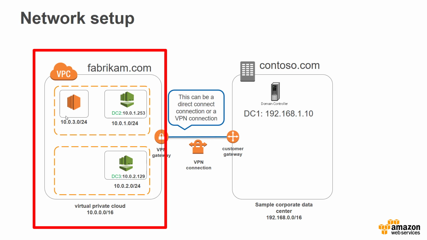So this EC2 instance, instead of using Amazon provided DNS, uses Active Directory provided DNS servers. So when it searches for DNS, it uses fabricam.com's servers. What I'm going to do next is to create this contoso.com and then showcase how you can establish the trust between fabricam.com and contoso.com.